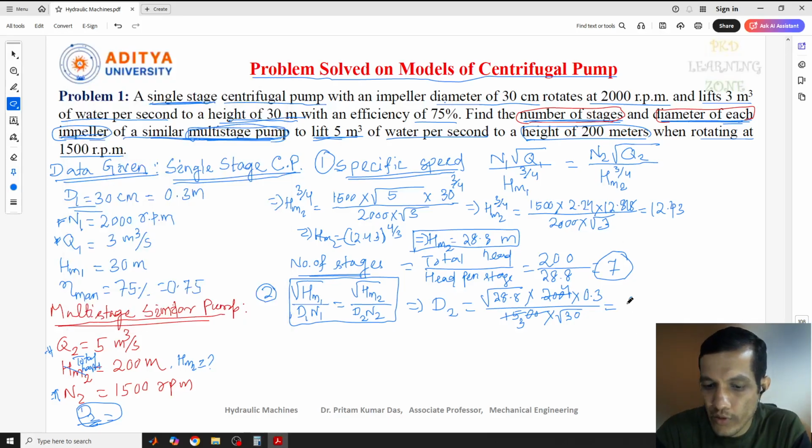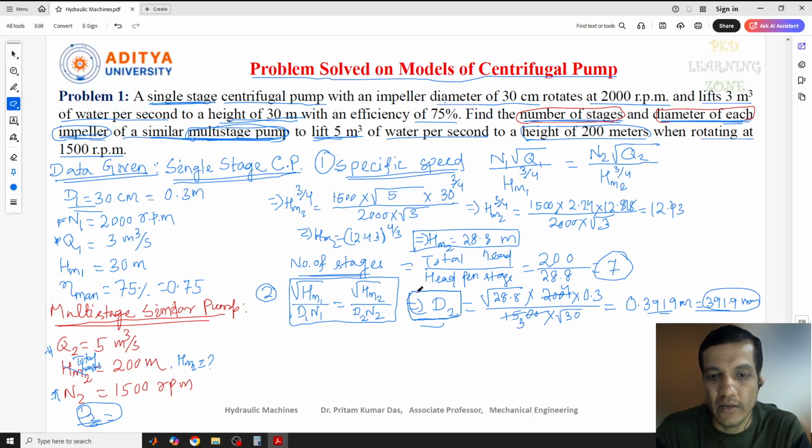So here we got 0.3919, this much meter, and this one I can convert into centimeter or millimeter. So if I want to write in millimeter, then 1000 I can take. So 391.9, this much millimeter. So this is the diameter of the second impeller of each stage, or the diameter of each impeller.